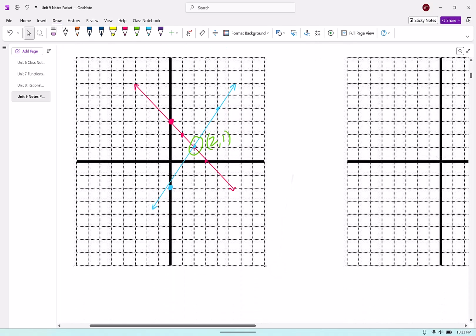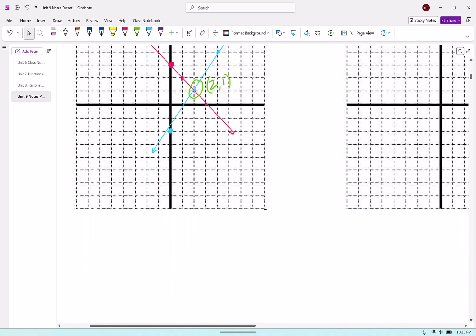If I want to check that, I take the equations. I have y equals -x plus 3. Putting those values in, that's -2 plus 3, which should equal 1. It does, so that checks.